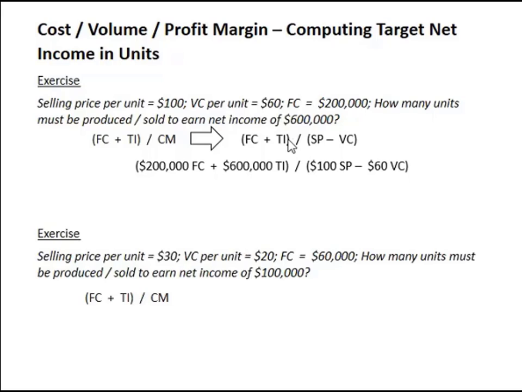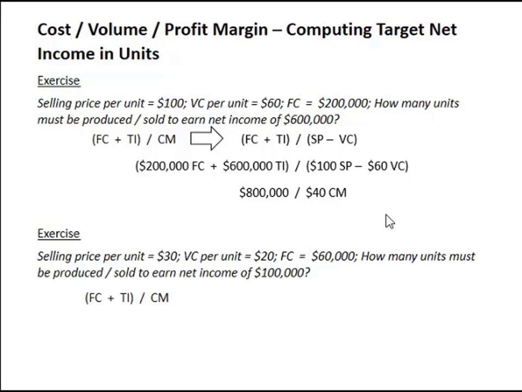My target net income is $600,000, so I insert that. I also have my selling price, which is $100 per unit, and my variable cost, which is $60 per unit. So now I've populated my entire formula, so let's simplify it. It's going to be $800,000 now divided by a $40 contribution margin.